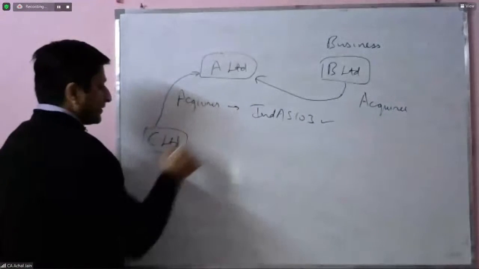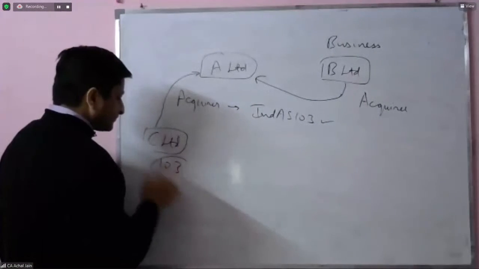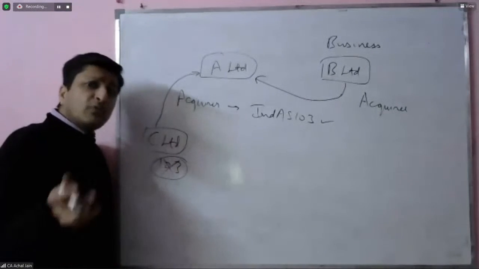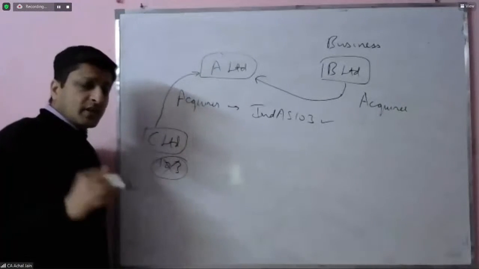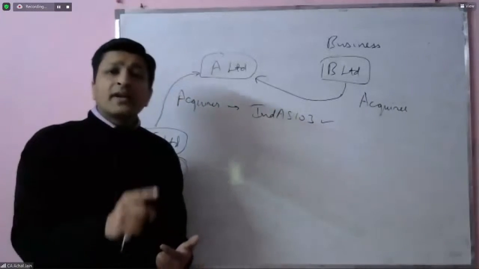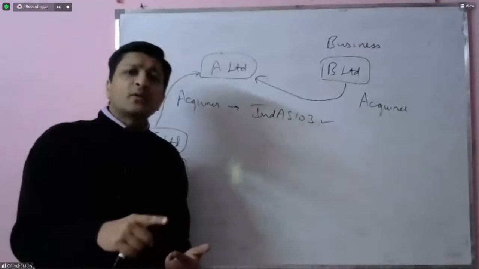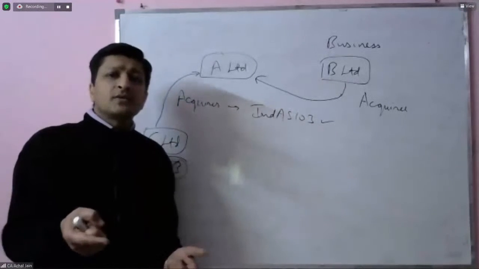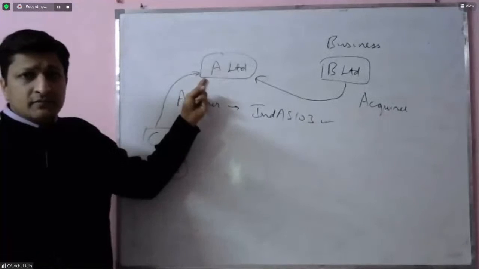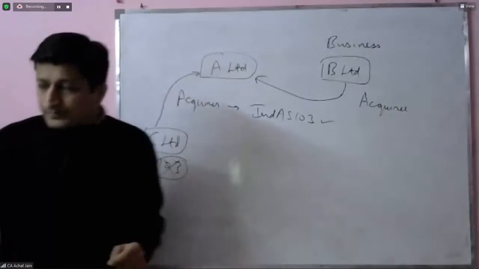It's not the acquiree. Next point clear? Who will do the accounting as per Ind AS 103? So first thing is we have understood when will the accounting apply, or when will the accounting be done as per Ind AS 103. Second, who will do the accounting as per Ind AS 103? Correct?